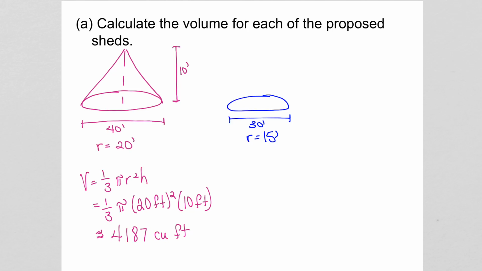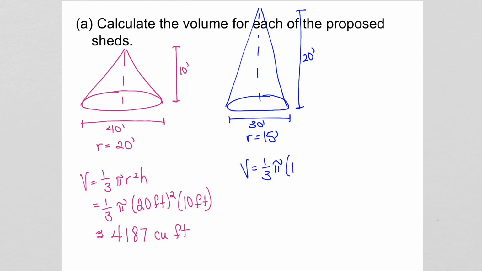And the height is 20 feet. So 1/3 pi times 15 feet squared times 20 feet. Approximately 4,710 cubic feet. So it looks like the second one would hold more salt.